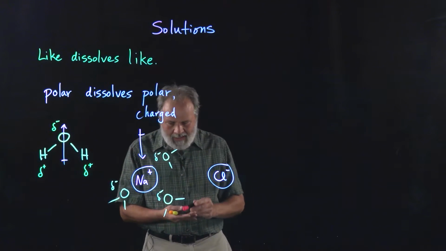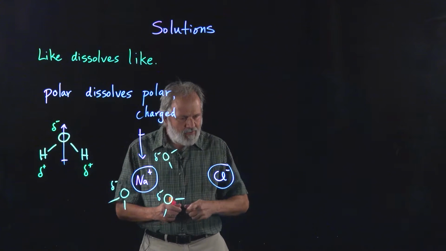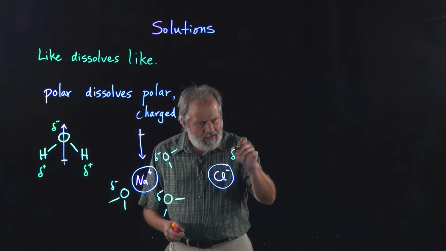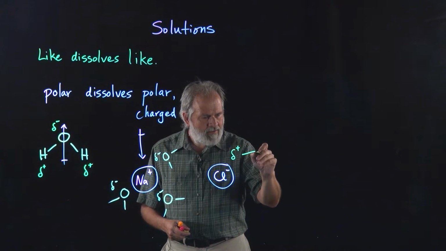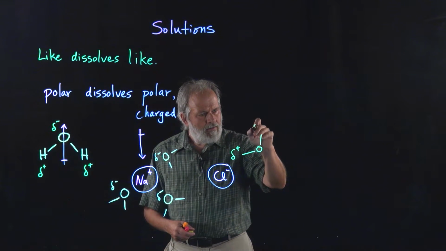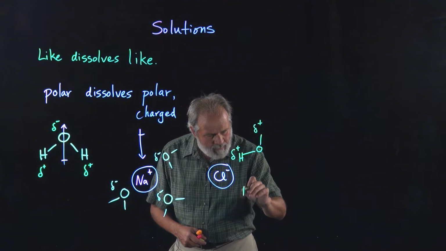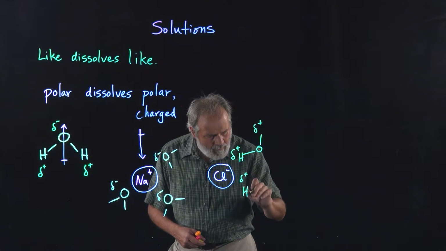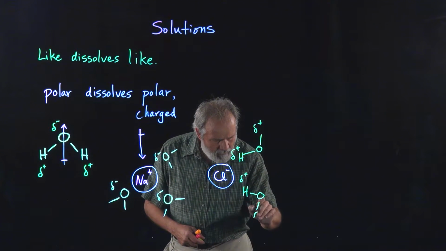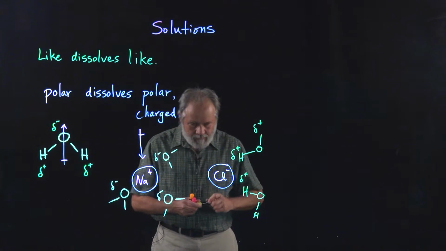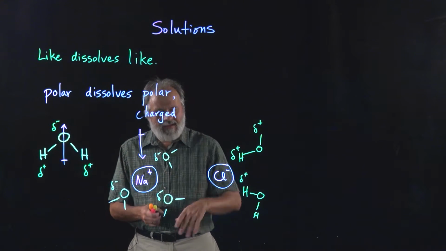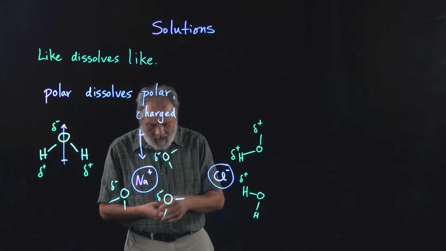Now the chloride ion will be surrounded by waters, but with the partially positive ends of water. So that's why salt dissolves in water.